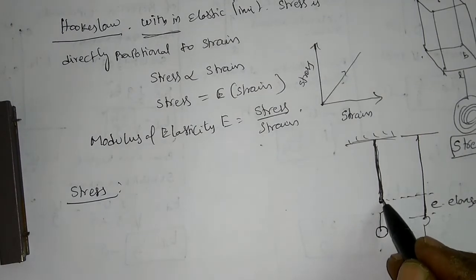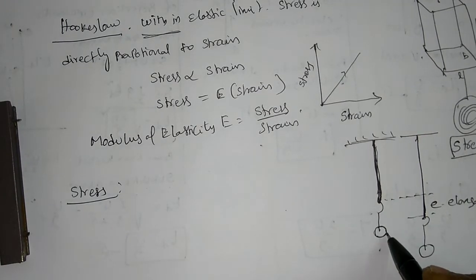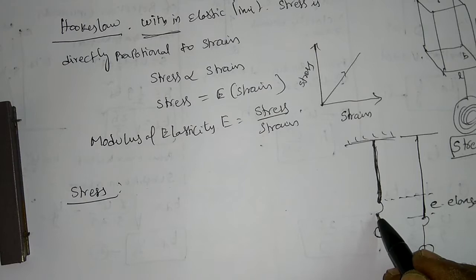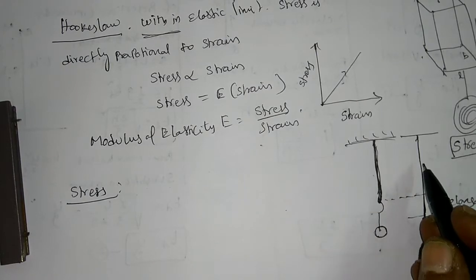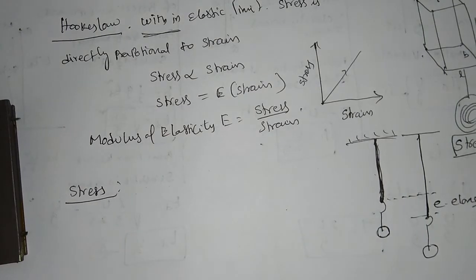Now in this particular area, some force is attached to this. Automatically the shape of the wire will be changed, which is known as deformation. Deform means changing of the shape.